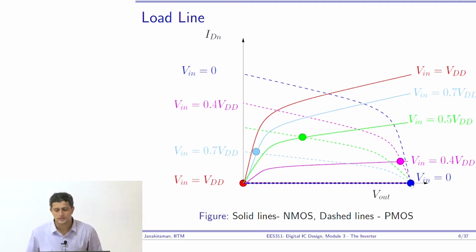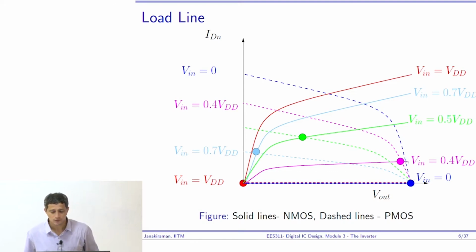So the point of intersection is this big blue dot, and therefore the output has to be VDD. Vout equal to VDD when Vin equal to 0. That's the only point of intersection that is possible.